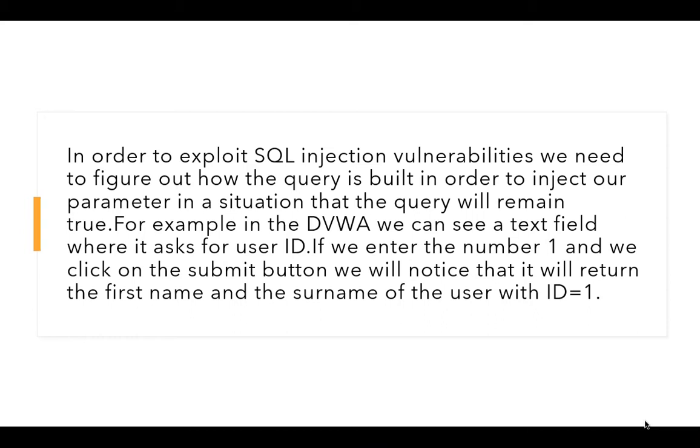If we enter number one and click on the submit button, you will notice that it will return the first name and surname of the user, or it is going to tell you that this user exists.